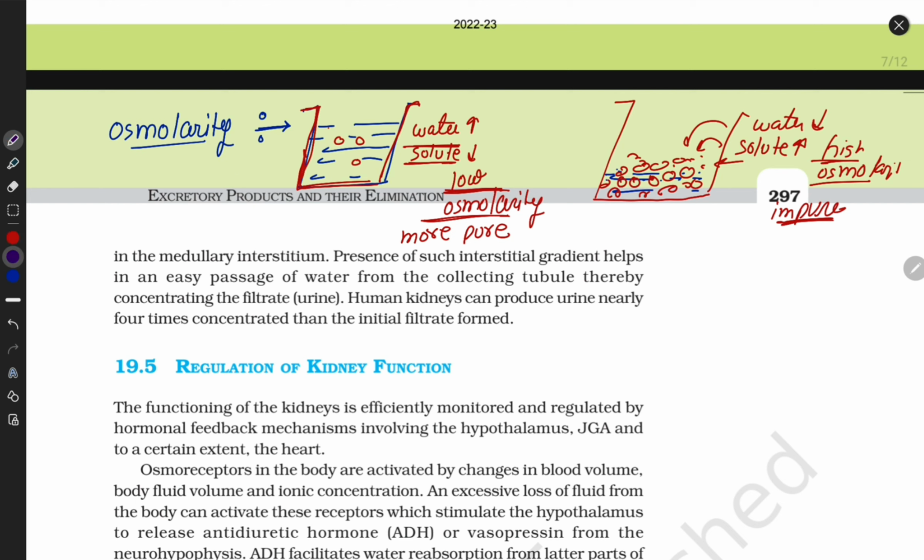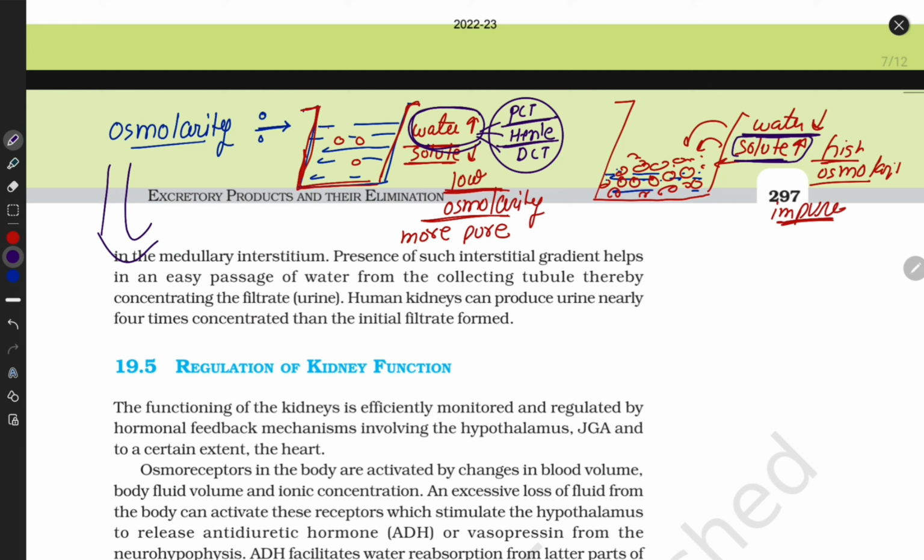Let's use some common sense, guys. If the tubule's osmolarity is low and water is high, then it is absorbed by the PCT, by the loop of Henle, and by the DCT. But if water concentration is already low, how would they use water?